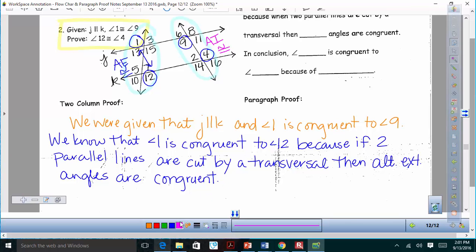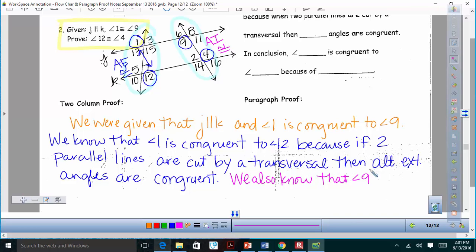Okay. Our third step is the other angle relationship. So we also know that angle 9, yes, Amelia? The alt X, yes, you can do that.